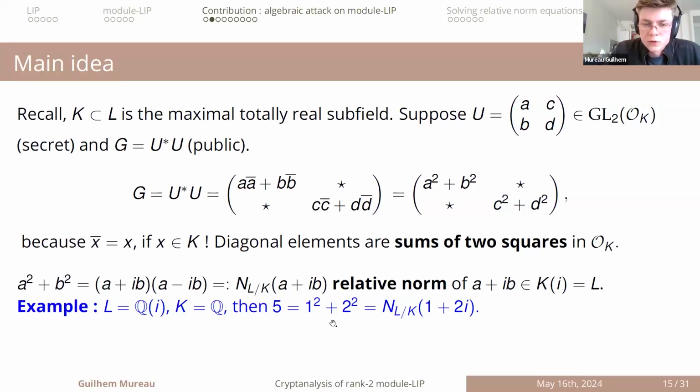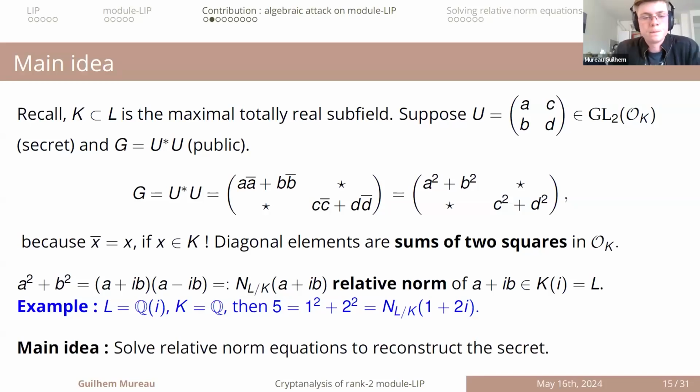You can write, for example, 5 as 1 squared plus 2 squared, and this is the norm of the element 1 plus 2i. So this is a relative norm equation in Q(i).